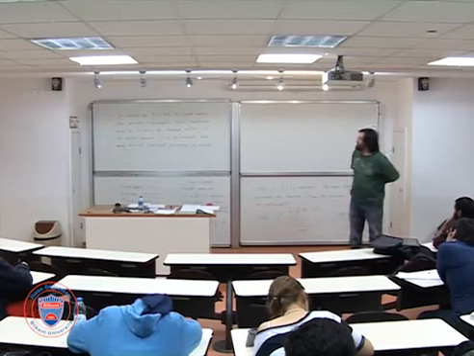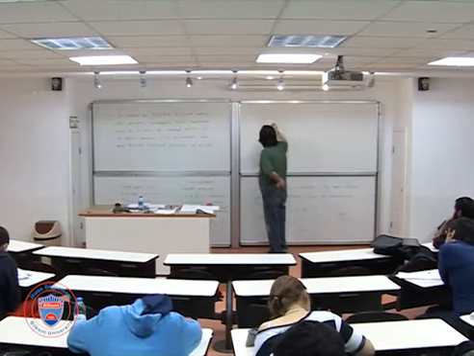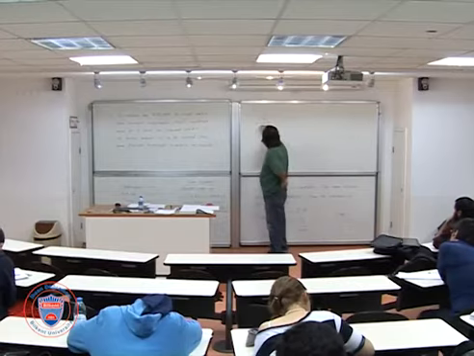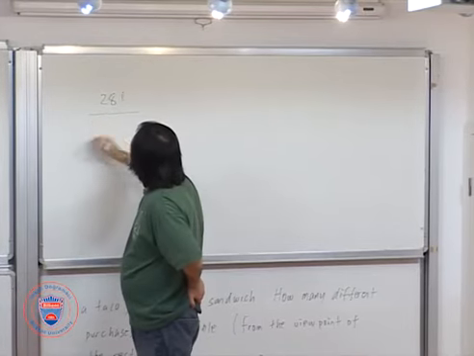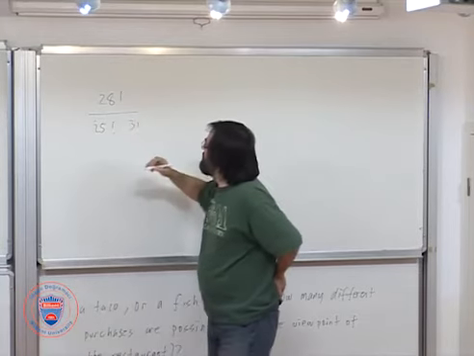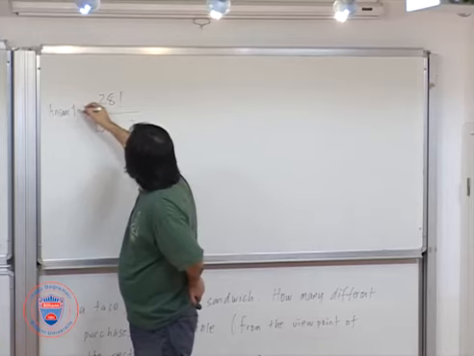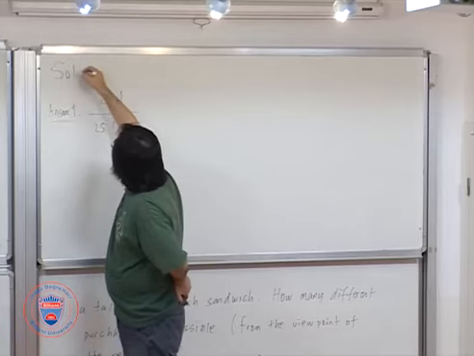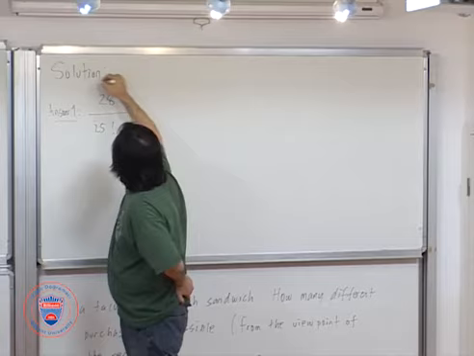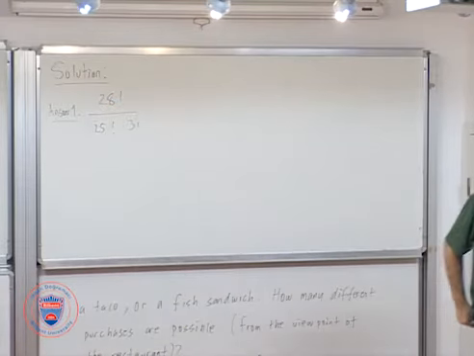28 factorial over 25. So this is one of the answers. Is this a correct answer? I think 29.